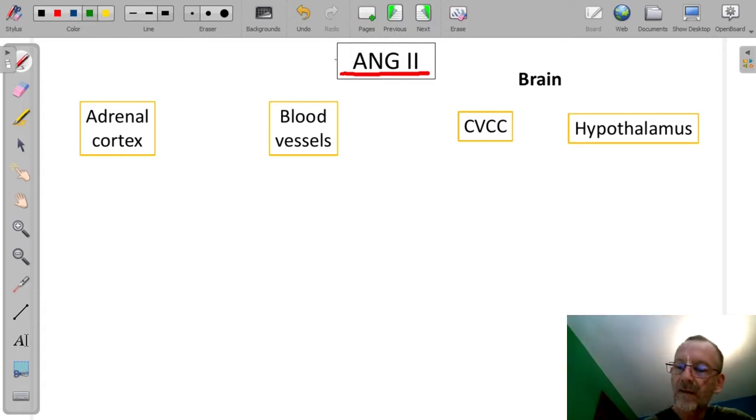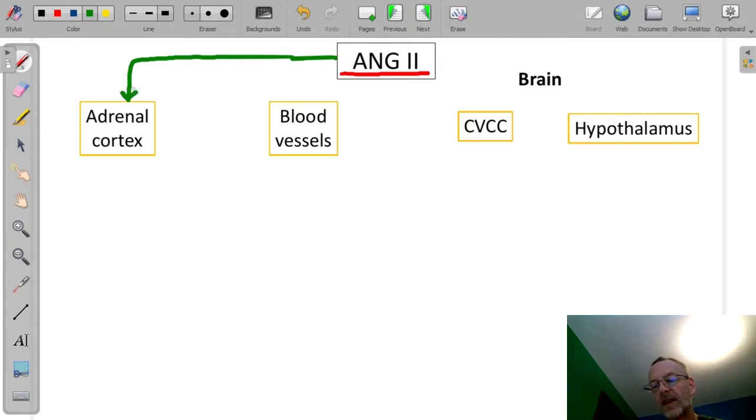Remember, angiotensin 2 is just a protein molecule in the blood, and it travels through the blood, and the adrenal cortex has receptors for angiotensin 2. And when the adrenal cortex binds angiotensin 2, it causes the release of aldosterone.